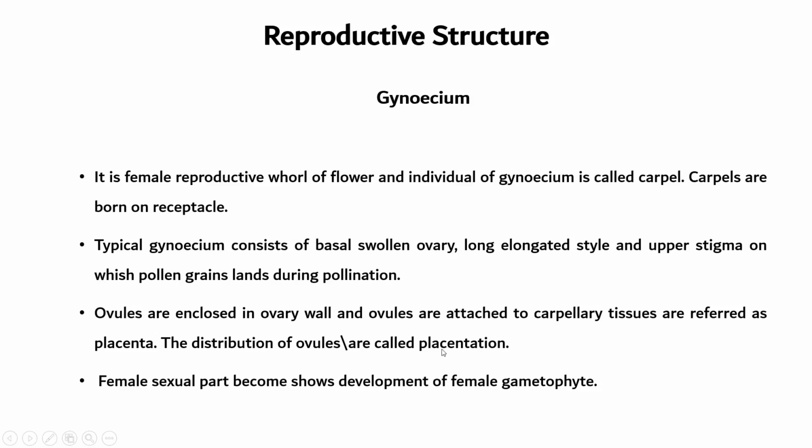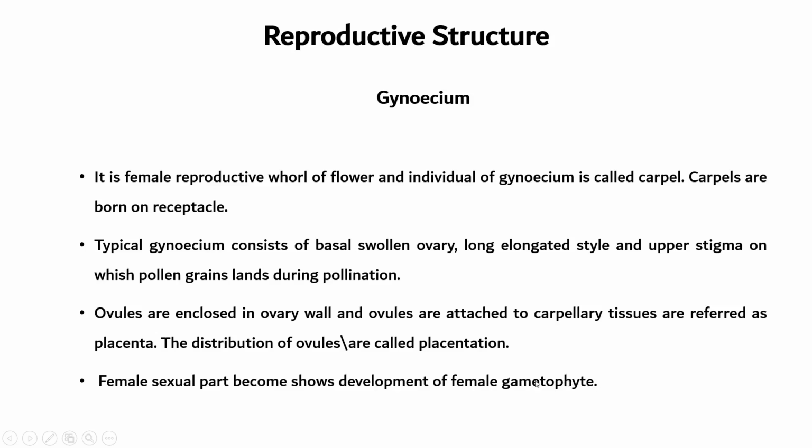We have studied in FYBSc the definition of placentation. Placentation can be defined as the mode of arrangement of ovules on the fertile placenta. There are different types of placentation: axile, parietal, basal, etc. The female sexual part of the flower shows the development of the female gametophyte.